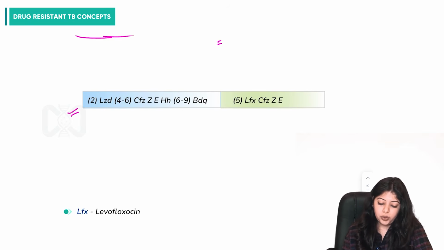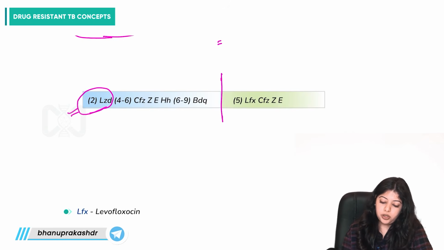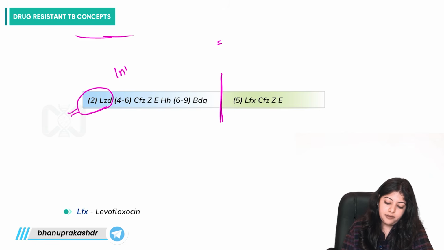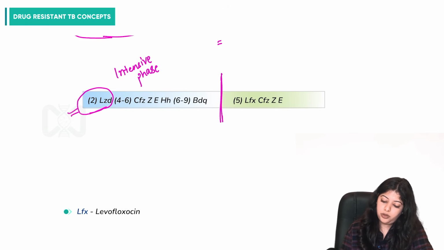Linezolid is only given for 2 months. This particular phase is the intensive phase, and this part includes the continuation phase.